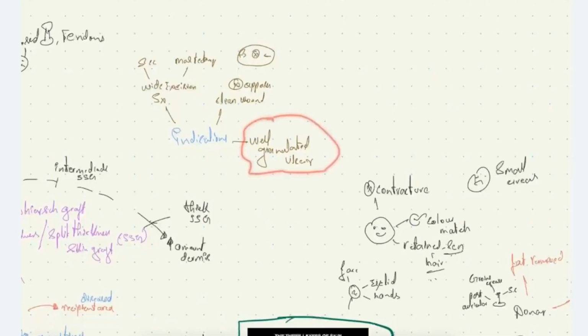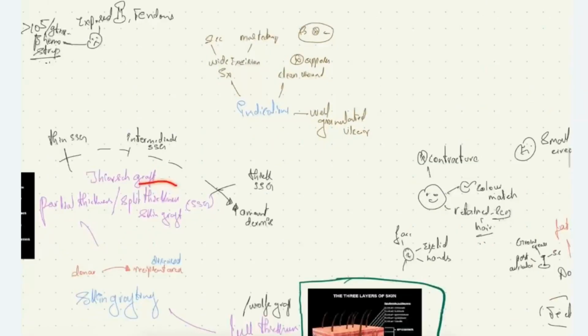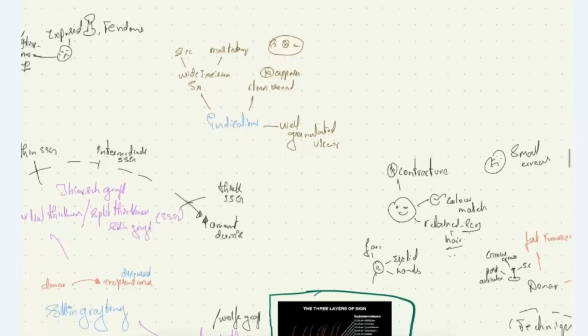Well granulated tissue is a prerequisite for performing partial thickness skin grafting. The indications are a well granulated ulcer, and a clean wound which can't be opposed is treated with partial thickness skin grafting.